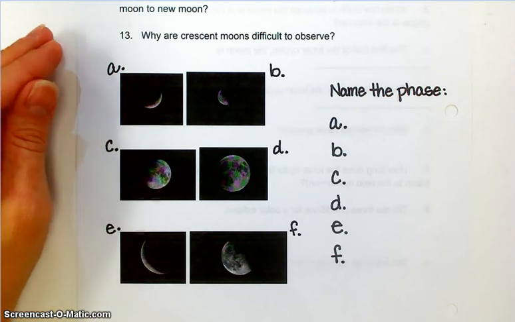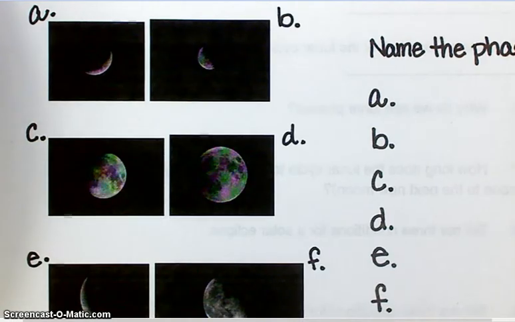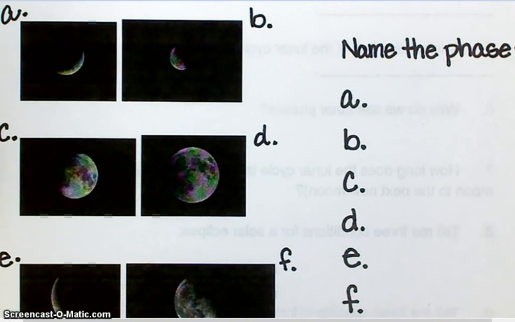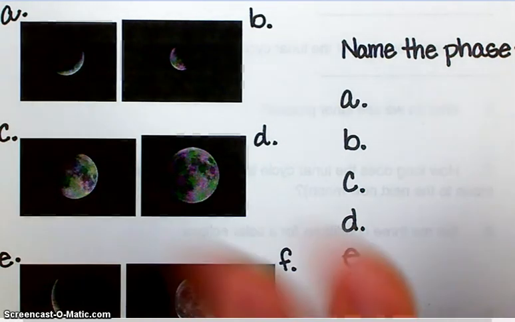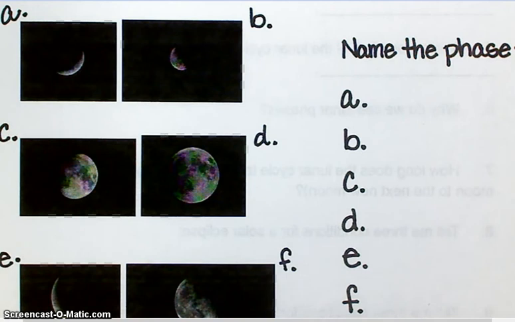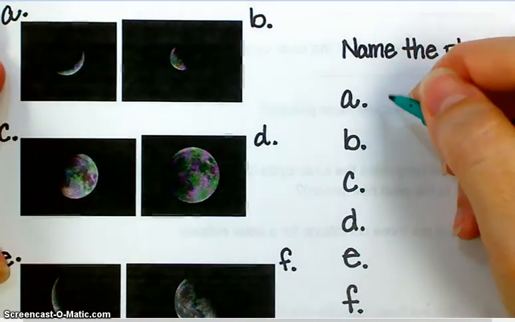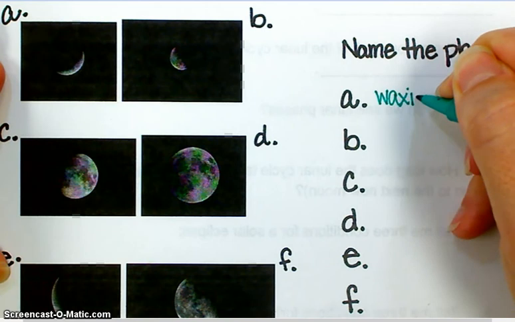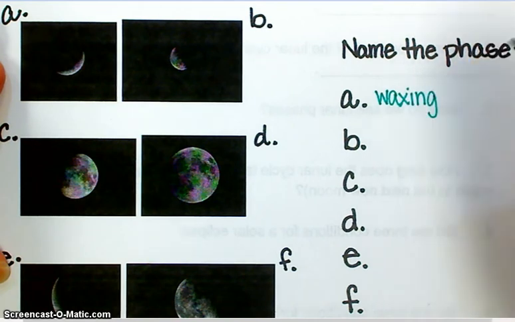On a test, it will be obvious which phase I'm asking for, okay? All right, number one, A is what phase? Waxing crescent. How do you know it's waxing crescent? Because it's more tilted to the right. Okay, the lighting is mostly on the right, so it's a waxing crescent.